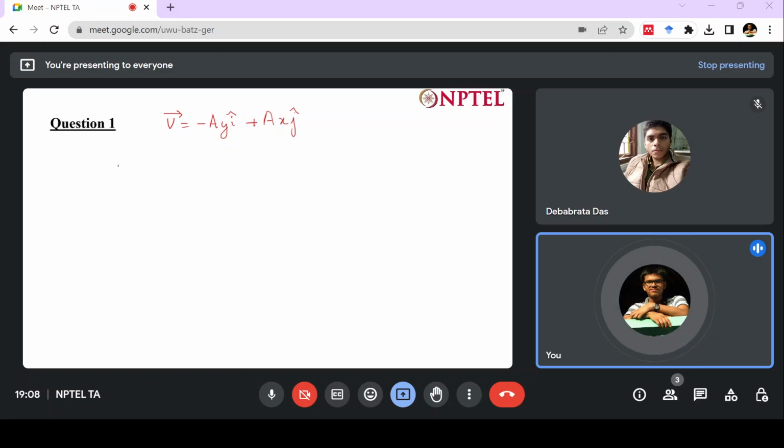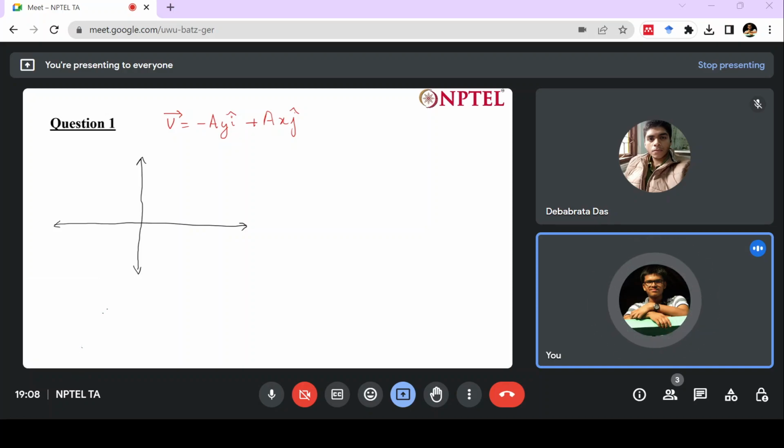I will draw a coordinate axis, and then we will plot the velocities at some points to get a feel about what this velocity field will look like.